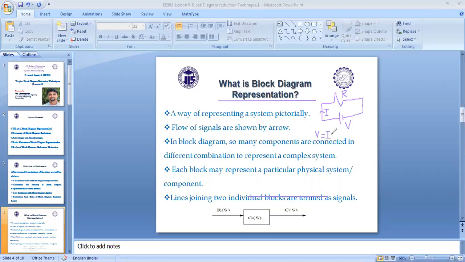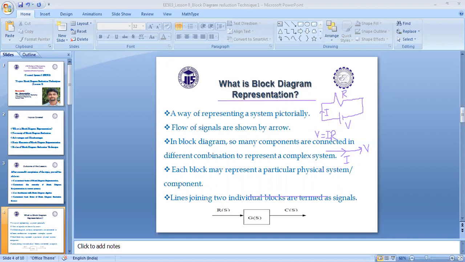You all are familiar with this equation. Now, for this circuit, if you want to draw a phasor diagram, this will be the phasor diagram for this circuit.